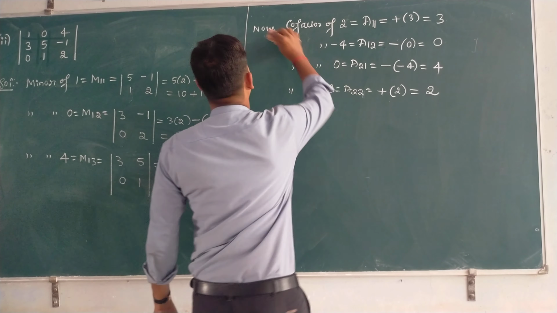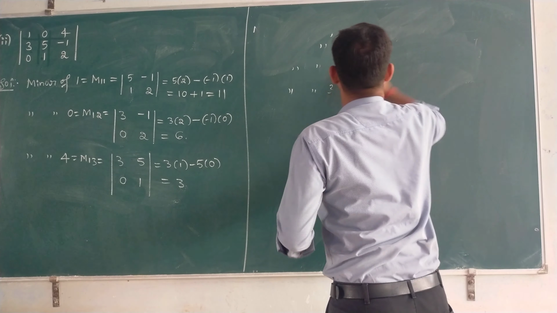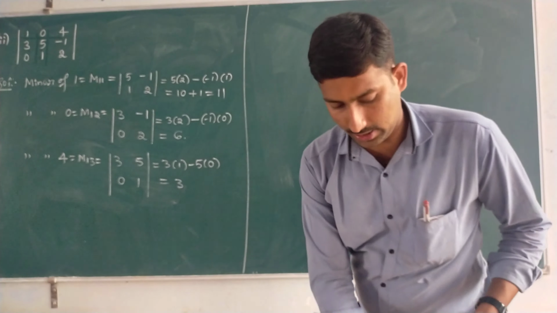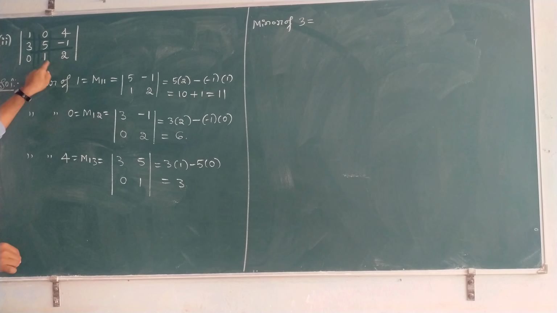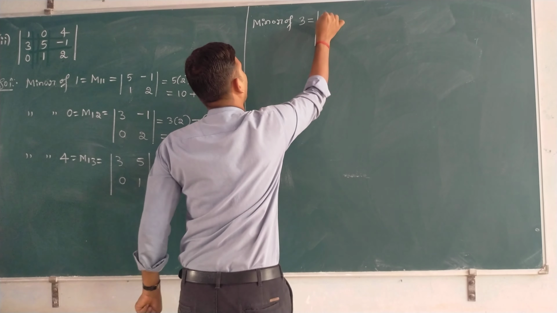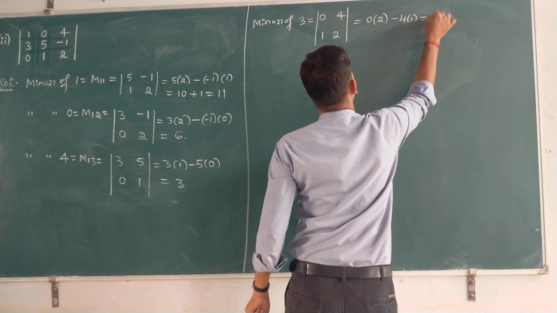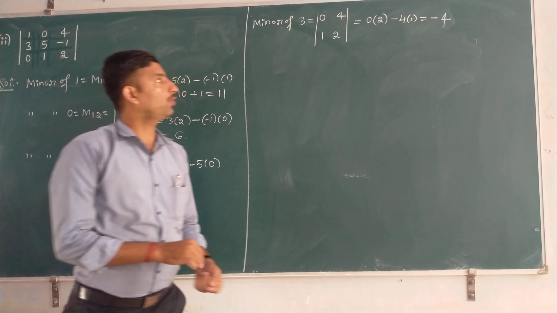After that, minor of 3: eliminate this row and this column. The elements are 0, 4; 1, 2, which is 0 into 2 minus 4 into 1, equal to minus 4.